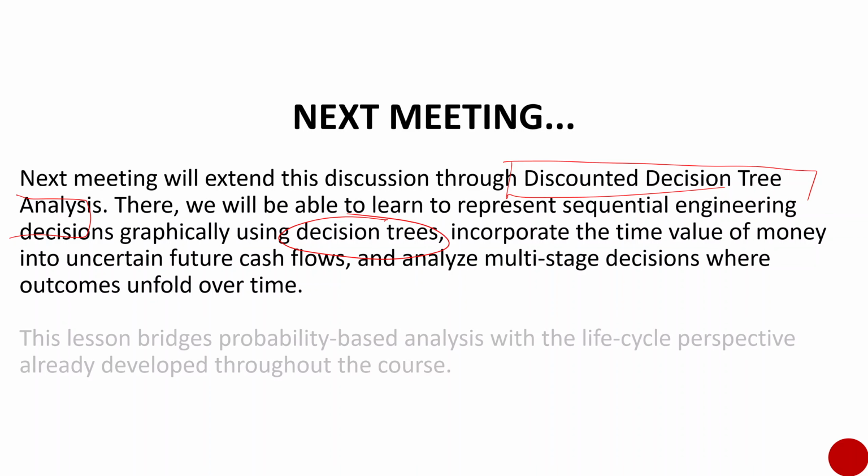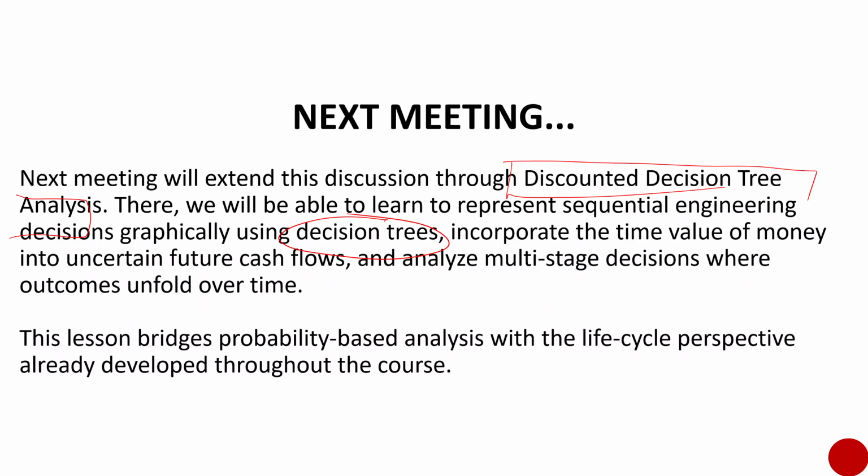And that lesson will bridge probability-based analysis with the life cycle perspective already developed throughout the course. And that will be the last discussion, and then we will integrate that into our study. And that ends our discussion for the decisions recognizing risk.